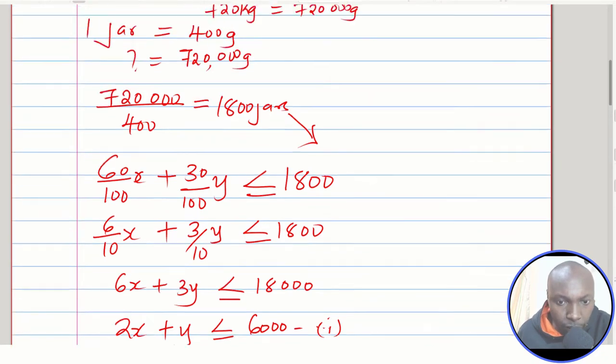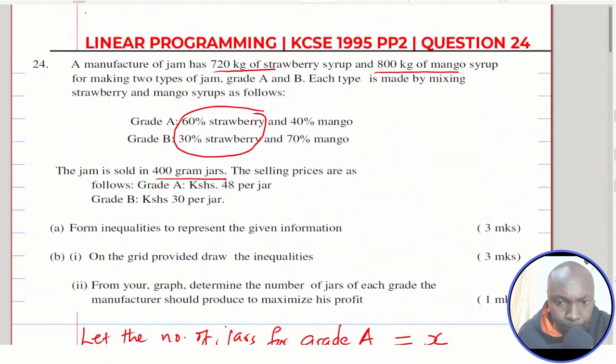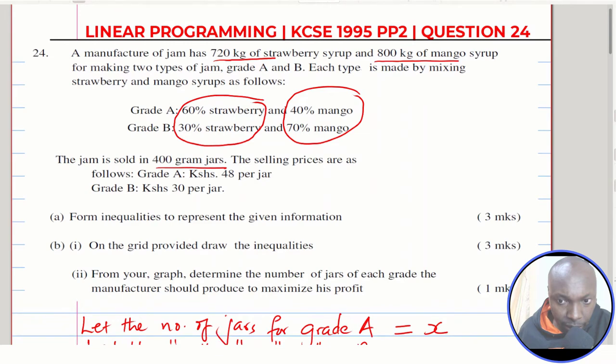Now let's go to the second inequality. We get it from the 40% mango and 70% mango. For mango we have 800 kg, the syrup available to produce these two grades. The first thing is to note how many jars will be produced by 800 kg.